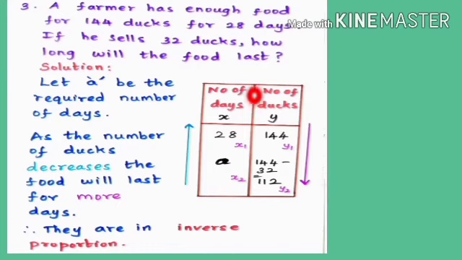So, solution. First, form a tabular column and write down the quantities which are to be compared. Here, the two quantities are number of days and number of ducks, which are X and Y. First, number of days is 28 days, number of ducks 144. And number of ducks, 144 minus 32 ducks, so now it becomes 112 ducks.